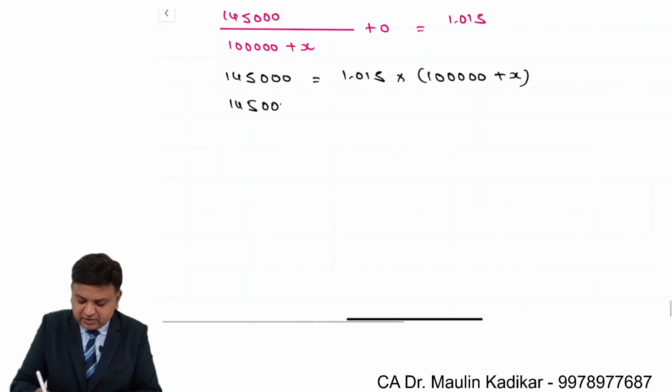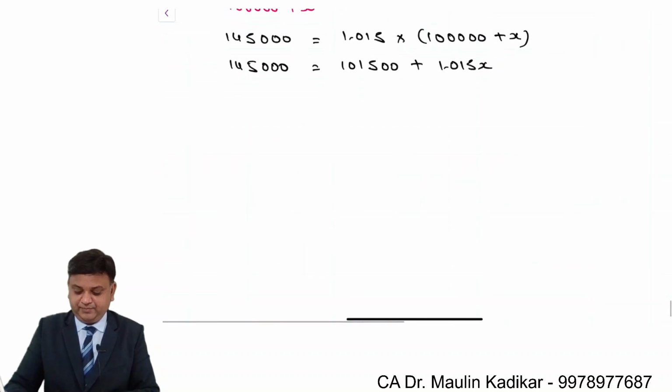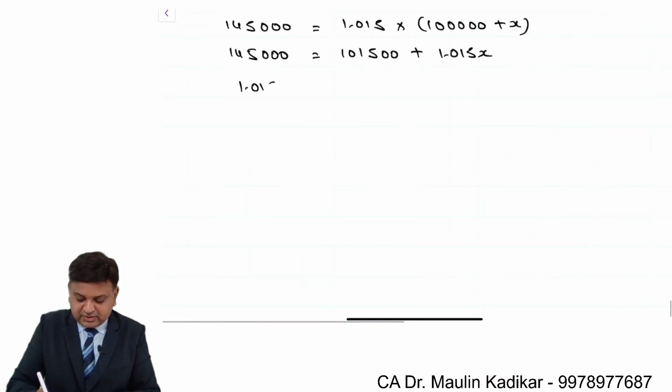So 1,45,000 is equal to 101,500 plus 1.015X. 1.015X is equal to 1,45,000 minus 1,01,500.